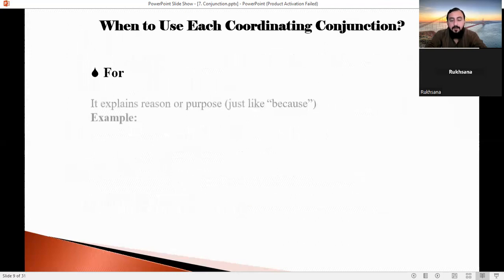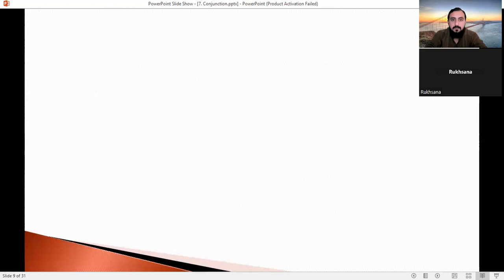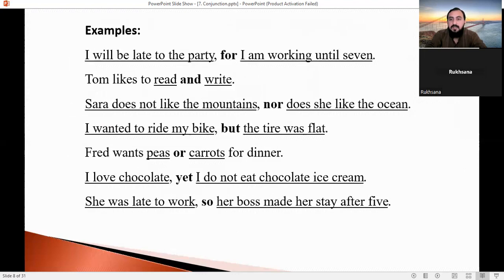Sir, how are carrots and peas an independent clause? No. Sometimes we use them to connect nouns or words or adjectives. That's a single clause. That's a simple sentence. Tom likes to read and write. It's a simple sentence. Fred wants peas or carrots for dinner. It's a simple sentence.